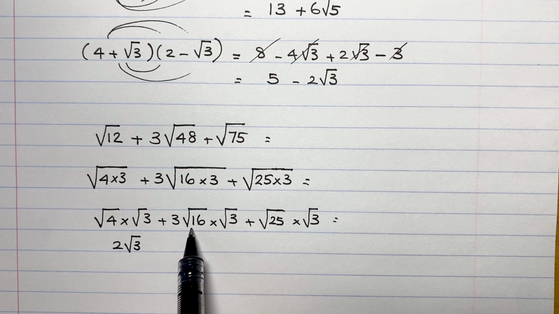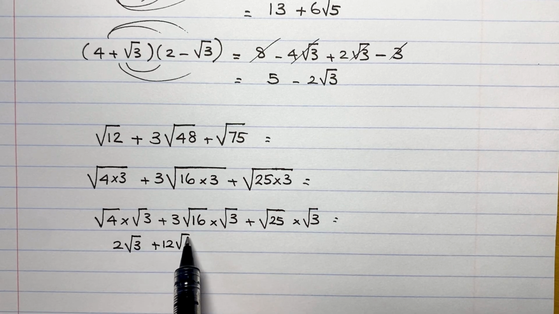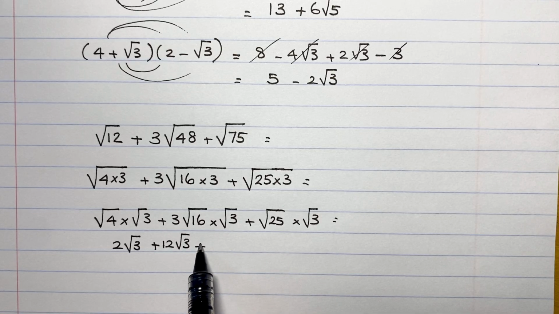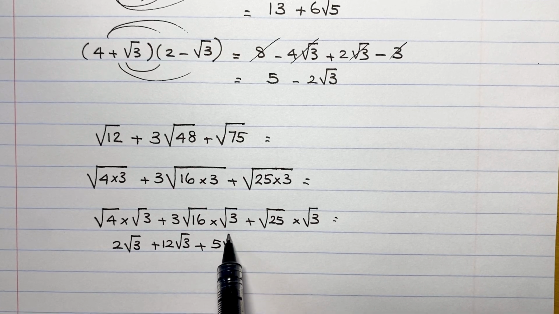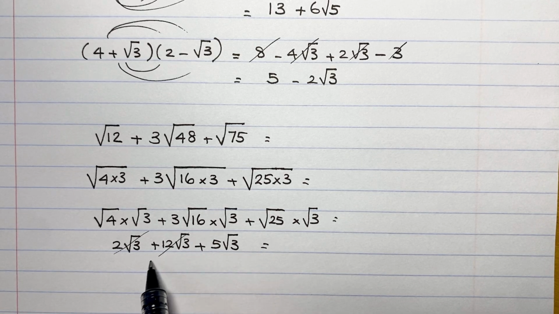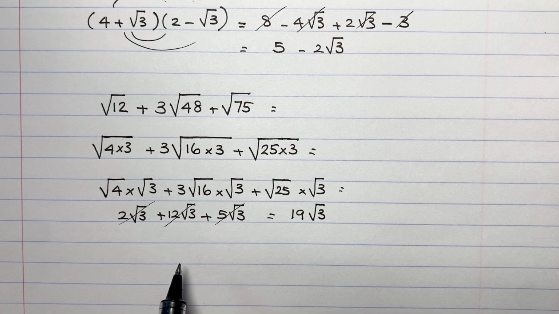Square root of 16 is 4, times 3 is 12 root 3. And root 25 is 5, times root 3 is 5 root 3. Now 2 root 3 and 12 root 3, that's 14. Add 5, 19 root 3. So this was the sort of work we did last lesson.